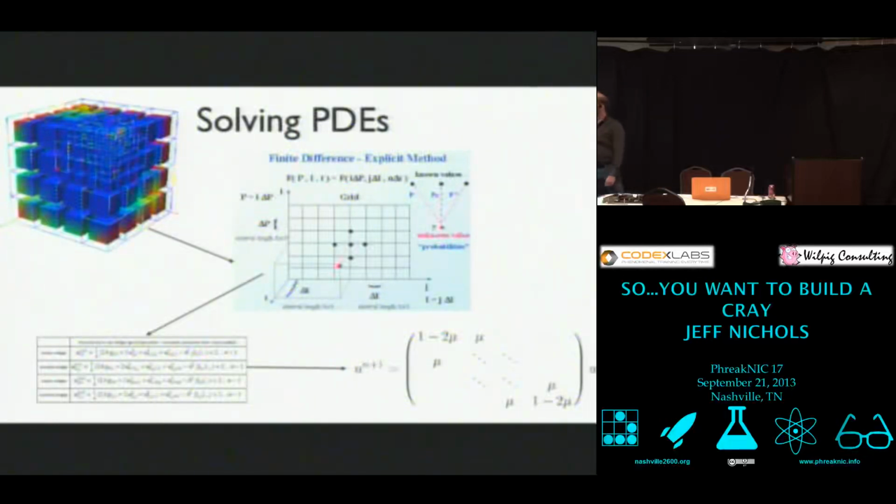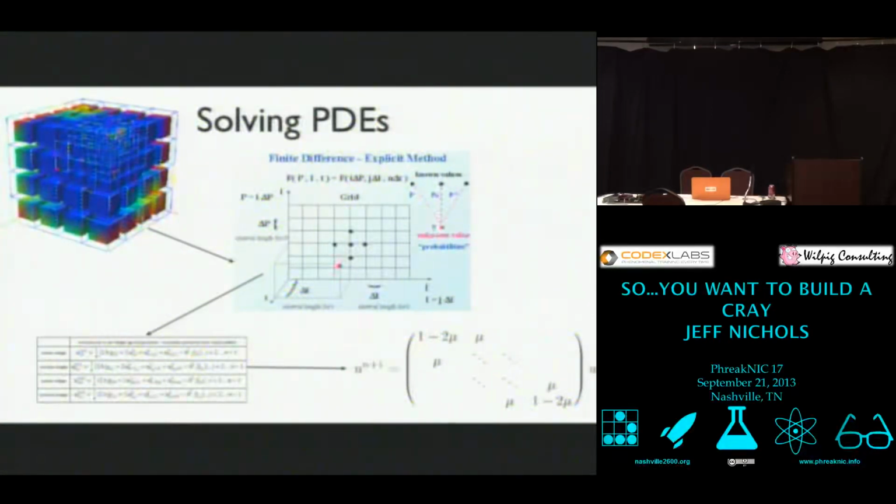Okay, so for solving PDEs, I'm not going to try to stretch your mathematical remembrances very much. But the overall idea is that you do have this volume of something, and you're trying to calculate a temperature field, let's say, over 3-space, X, Y, and Z. What you're doing is converting that through a stencil to calculating your derivatives in the X, Y, and Z directions.